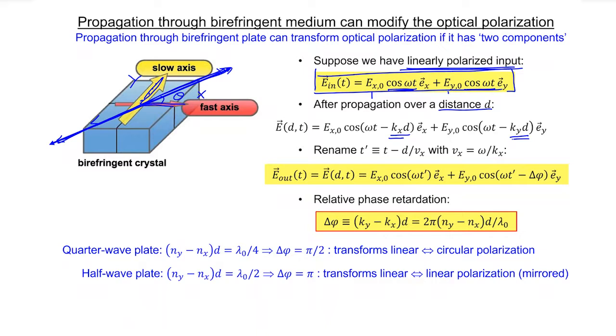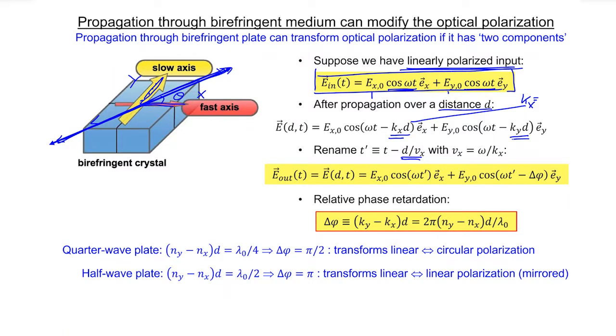just because you need time for the propagation. And the important part to note now is that this phase delay is related to the product of the wave vector times the thickness of the crystal, the propagation distance through the crystal.